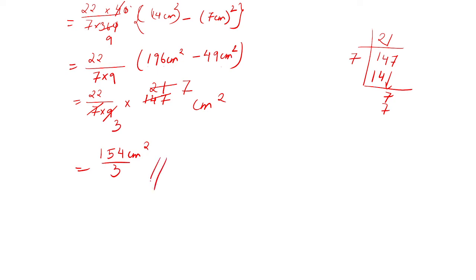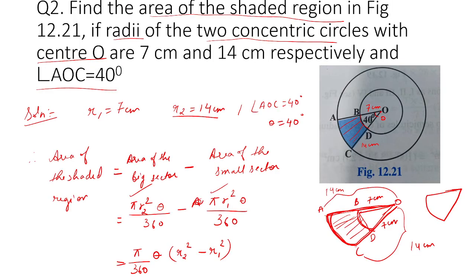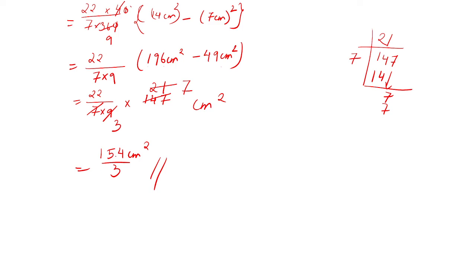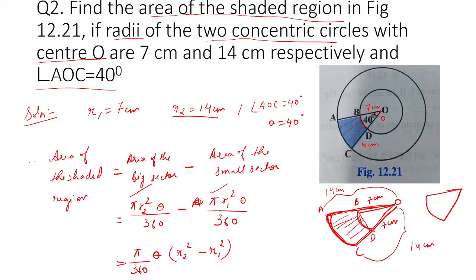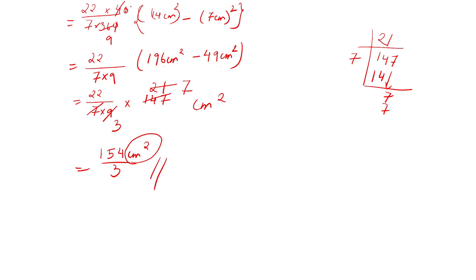Clear? One easy way to understand the SI unit is, remember, we're asked to find the area. So whenever you're asked to find the area, your unit of measurement should always be in terms of centimeter square. If it's meter, meter square. If it's millimeter, millimeter square. It will always be expressed like this if it's area.